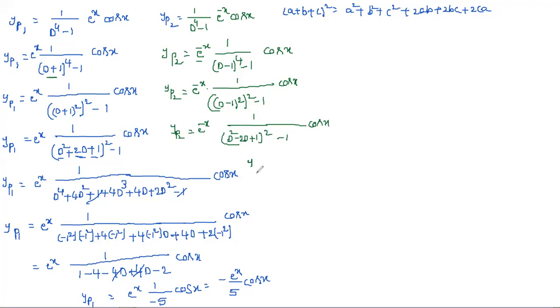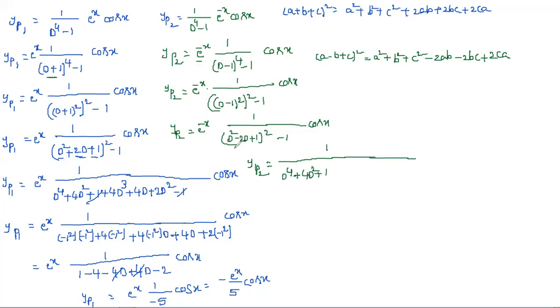Now which formula can we apply here? a minus b plus c whole square. The formula is a square plus b square plus c square minus 2ab minus 2bc plus 2ca. So this is the form that we have to apply here. Then 1 by D power 4 plus 4D square plus 1, that is a square plus b square plus c square.